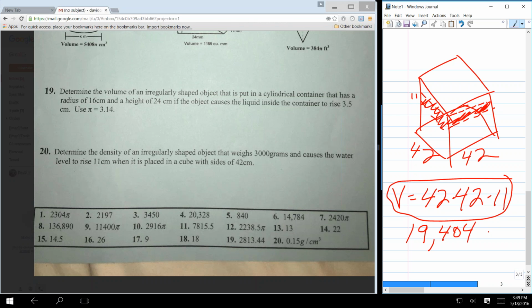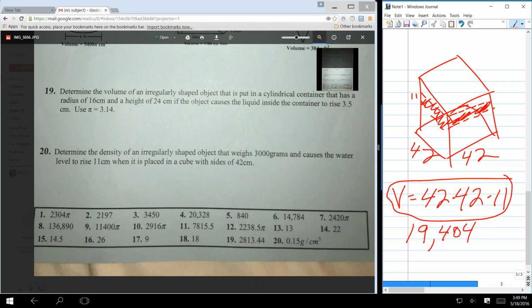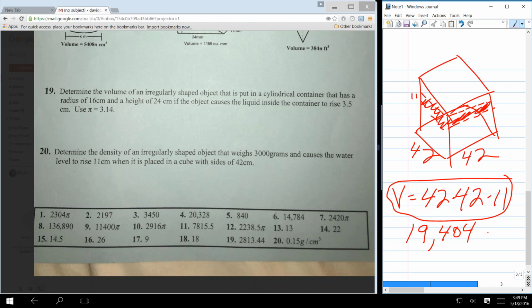Wait, the density? No, we're not there yet. What's the unit? Is it cubic centimeters? Is it cubic inches? Cubes. It's centimeters cubed, right?